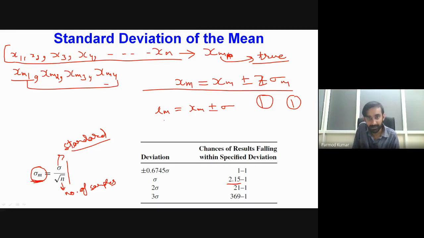If we consider the value of xm in a range of plus minus 2 sigma m, then out of 21 samples, one sample may be odd. And if we consider the value around plus minus 3 sigma, then our observation is that out of 369 samples, one sample may go outside this limit of plus minus 3 sigma m.